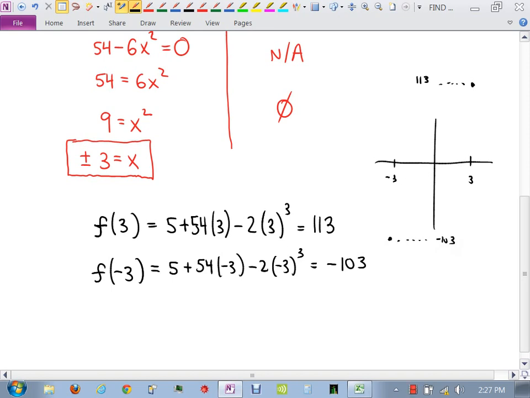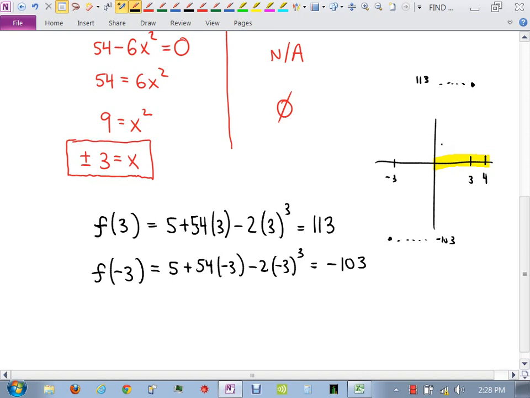But where are we looking? We're only looking between 0 and 4. So we're supposed to be focusing all of our attention over here, between 0 and 4. Right in there. So what can you tell me about the value of the function at negative 3? It's not relevant, right? It's not relevant to the problem.